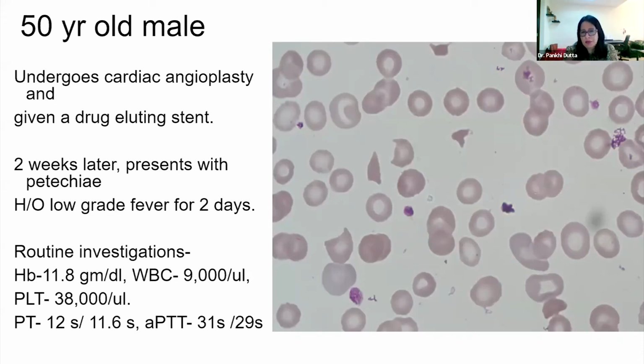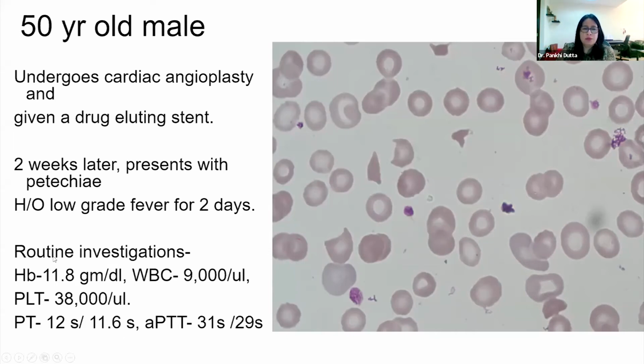And he landed up in the emergency of the same hospital. The routine investigation showed that his hemoglobin was slightly low, and WBCs were on the higher side of normal, but the platelets were definitely very low. And because he had petechiae, PT-APTT was done, which was quite normal.